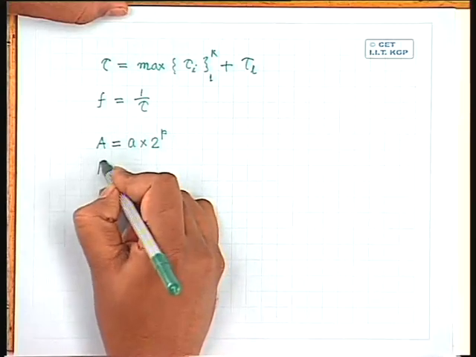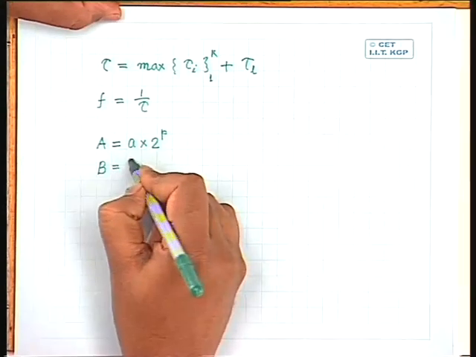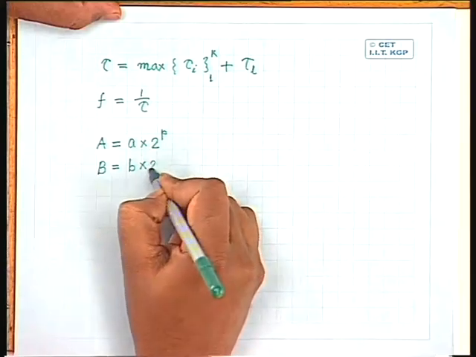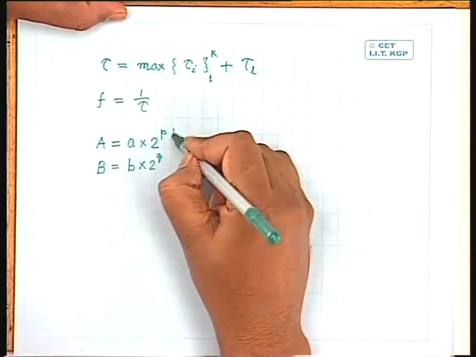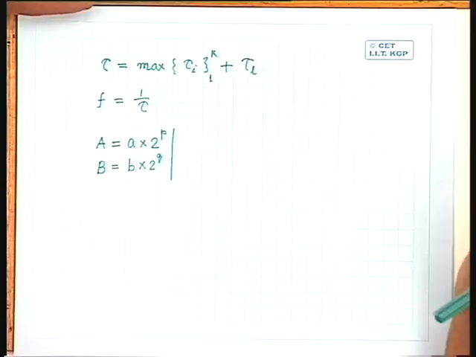And another floating point number b, which is given by b into 2 to the power q. So these are the two floating point numbers that we want to add. Now you know that whenever we want to add two floating point numbers, what is the best way or the most efficient way of doing it? You simply equalize the exponents. After equalizing the exponents, you add the fraction parts. Okay? So that fraction part along with the equalized exponent gives you the addition. And if necessary, you may have to normalize it.